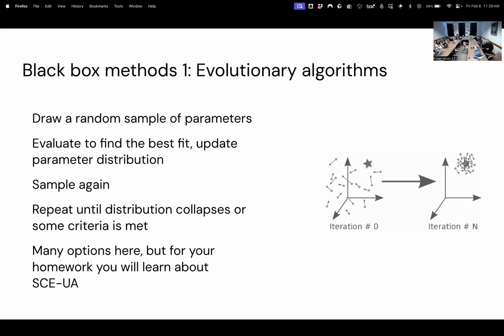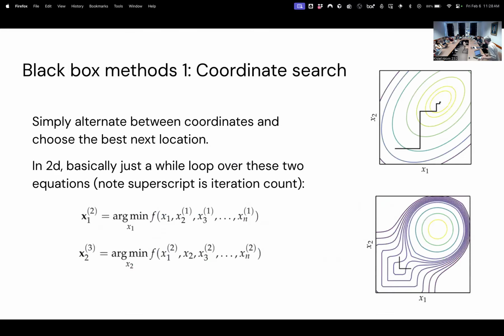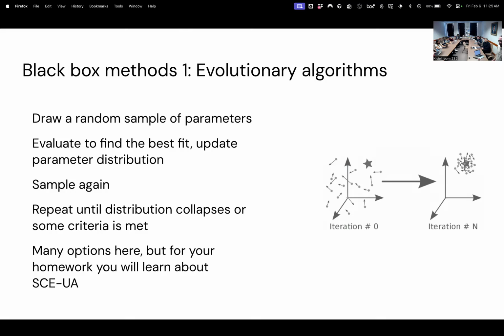You generally only use them for higher dimensional systems where, if you have like 40 parameters that you want to optimize, you get almost nowhere with this, right? Because you have to take 40 steps before you circle back around and optimize your first parameter again. So evolutionary algorithms are generally better for high dimensional systems, and especially systems where taking derivatives, which we'll talk about in the next slide, is very challenging.